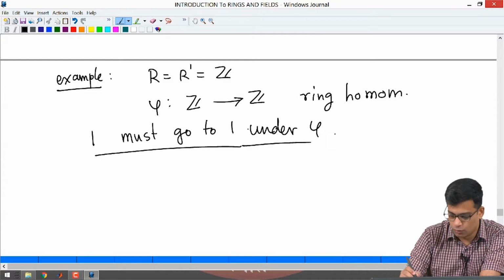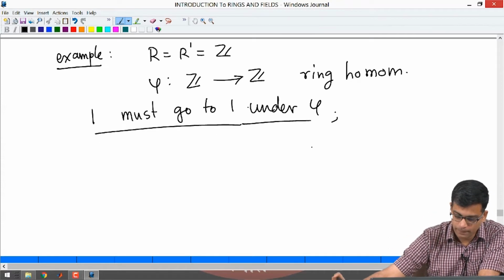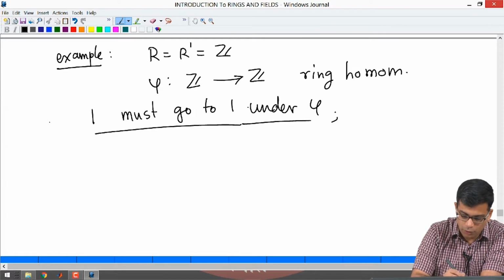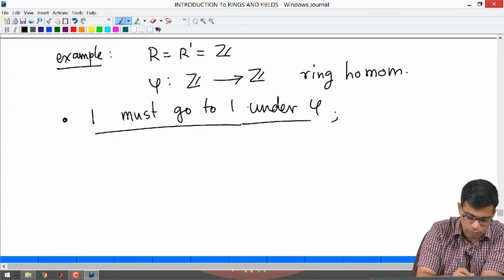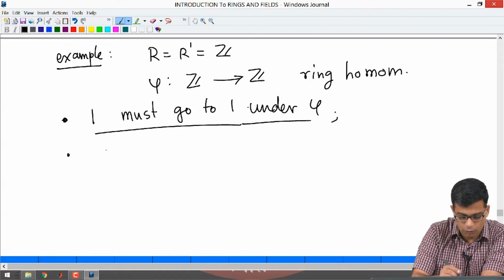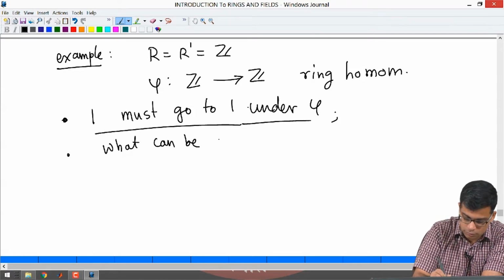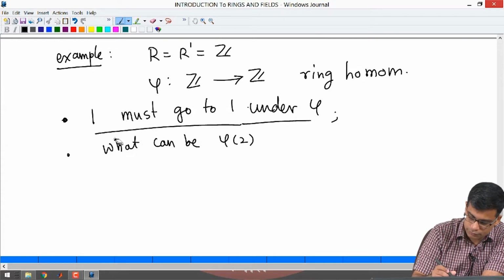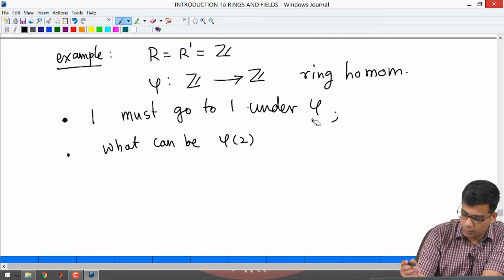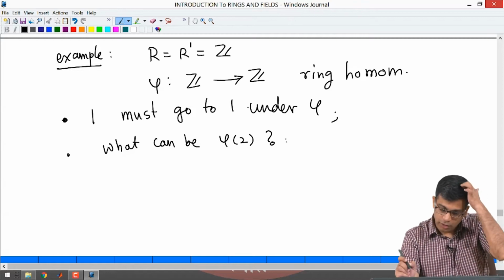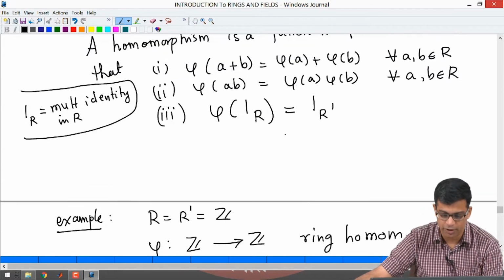So, this is already forced on us. Now, what can be the image of 2? Let us look at the properties of a ring homomorphism.